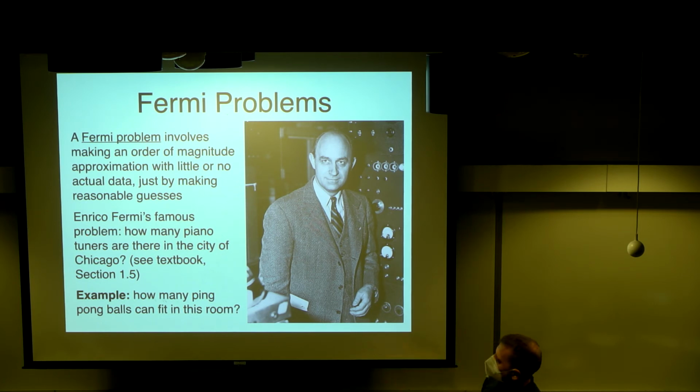There's one famous example of this, which is Fermi was able to estimate how many piano tuners, people whose job is tuning pianos, there are in the city of Chicago. Again, he didn't look up any numbers, he just made some reasonable guesses, made a quick calculation, and got pretty close to the answer. So we're not going to do that one. That one's in the textbook if you want to see it.